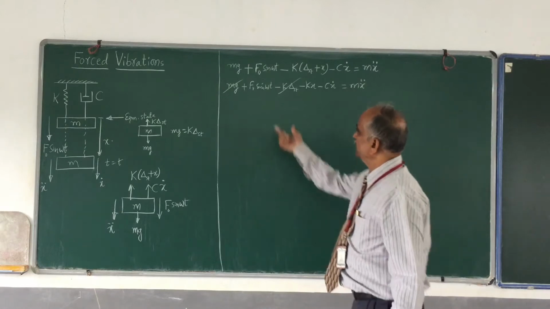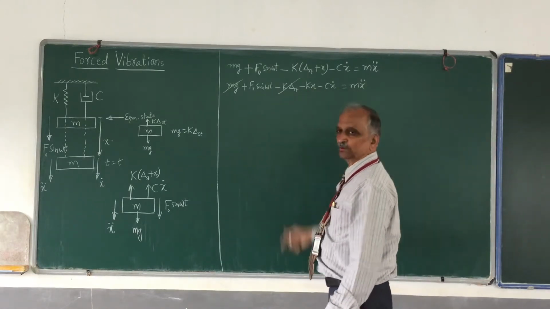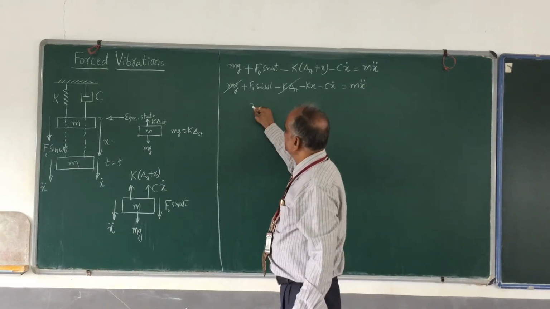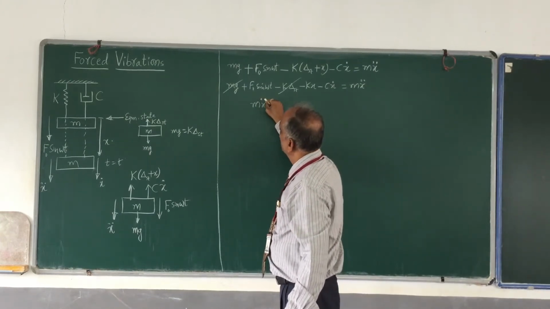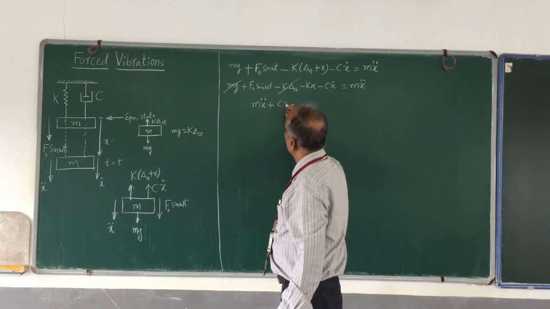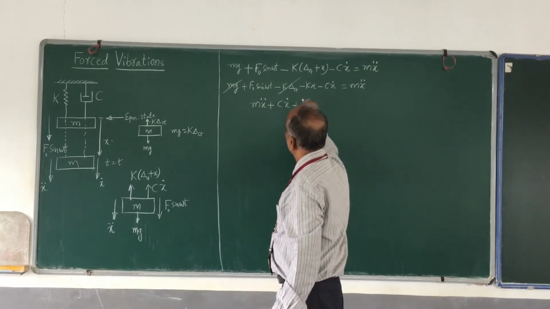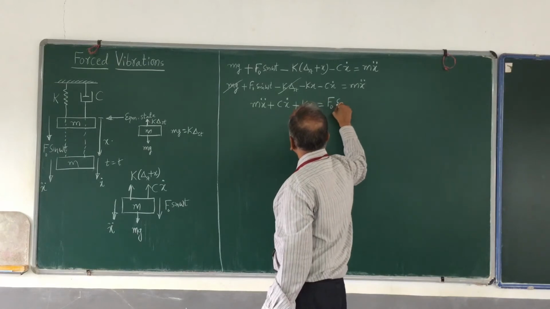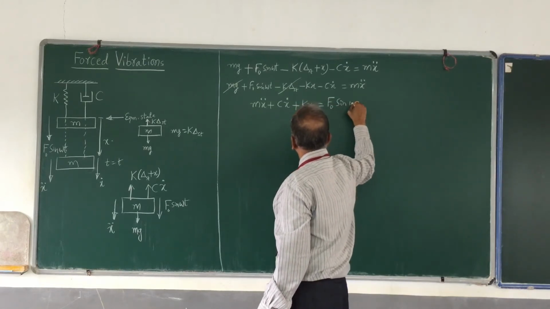So keeping this here, I shall send these two terms to the other side and rewrite it. That is m x double dot plus c x dot plus k into x is equal to f naught sine of omega t.